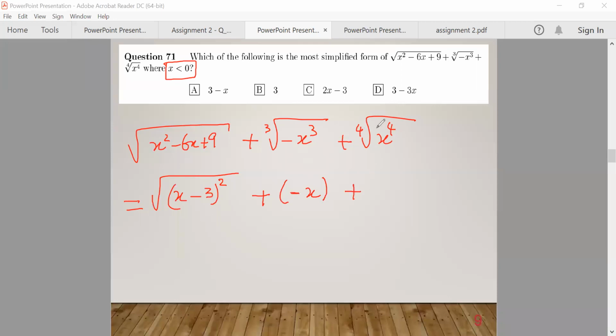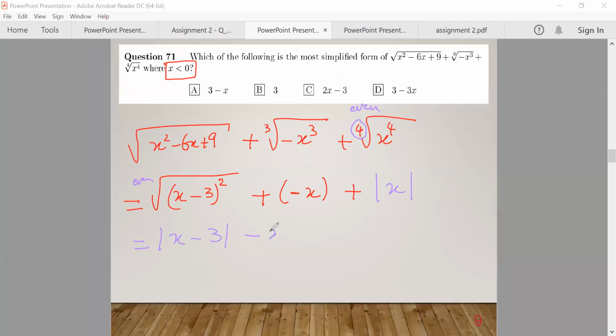Plus the fourth root of x to the 4, and be careful here, even index, we remove the root with absolute value. Here also, square root, even index, square root with the square gives me absolute value. Be careful, guys.